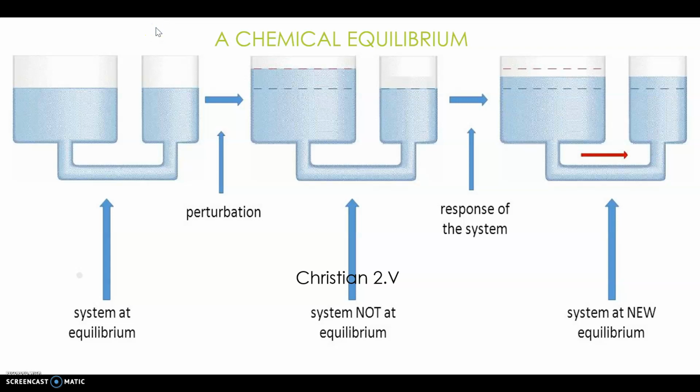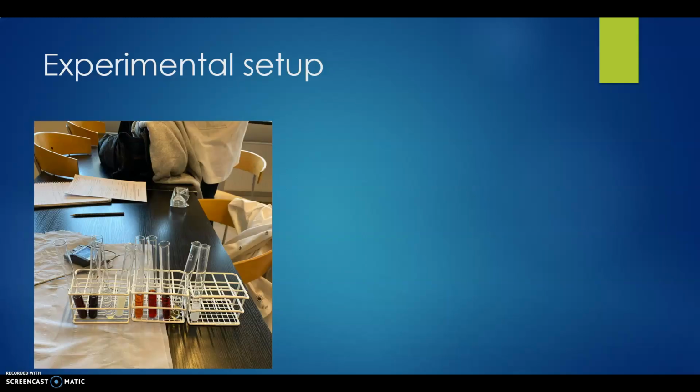Okay, so I want to tell you about how a chemical equilibrium works. It's when a reaction is at equilibrium on both sides. To do the experiment, we need an experimental setup where we have 7 test tubes with this solution, which was exposed to 7 different sorts of stresses.